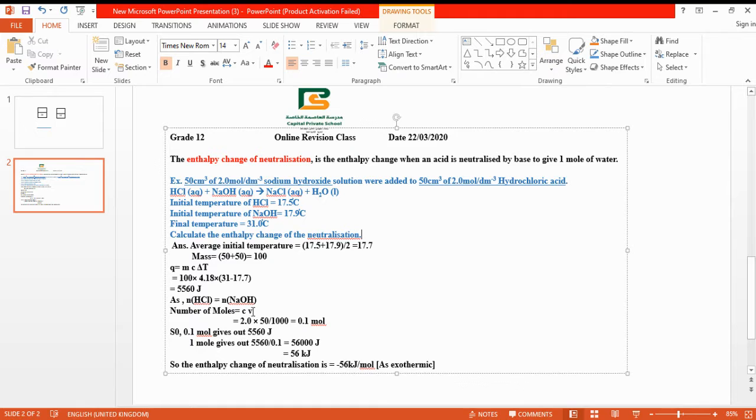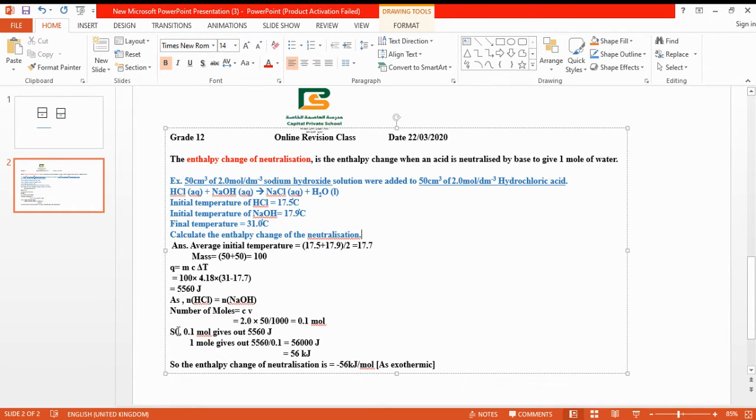Concentration into volume. The concentration is in mol per dm3 and the volume is in cm3, so we divide the volume by 1000. The answer is 0.1 mole.